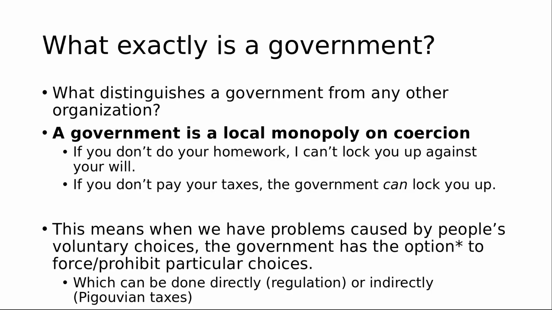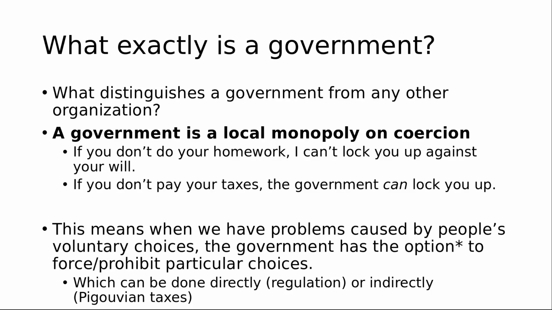We could say, the government's going to prohibit you from murdering people or stealing, or they're going to require that you have insurance when you drive a car on a public road, or it could be relatively indirect. We could say you have to pay your taxes, and if you don't, you're going to get locked up. So a government has that ability to coerce, which can hopefully be used to get us out of the sorts of problems we're going to be talking about.